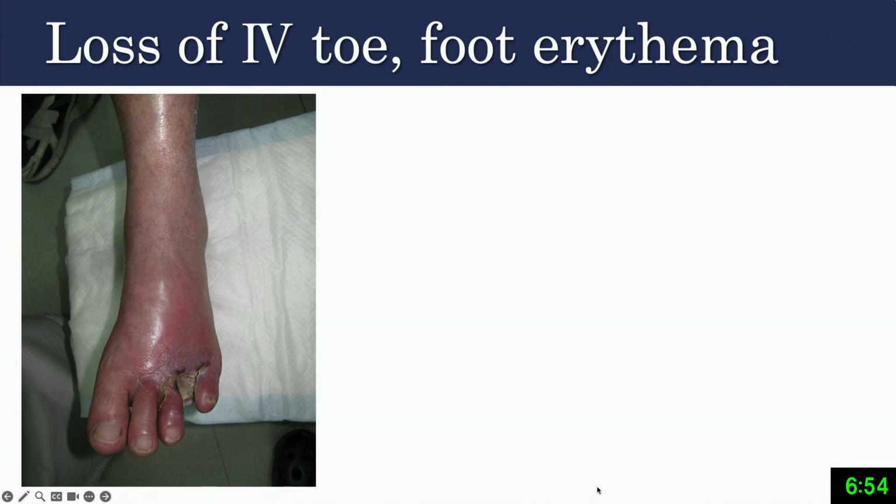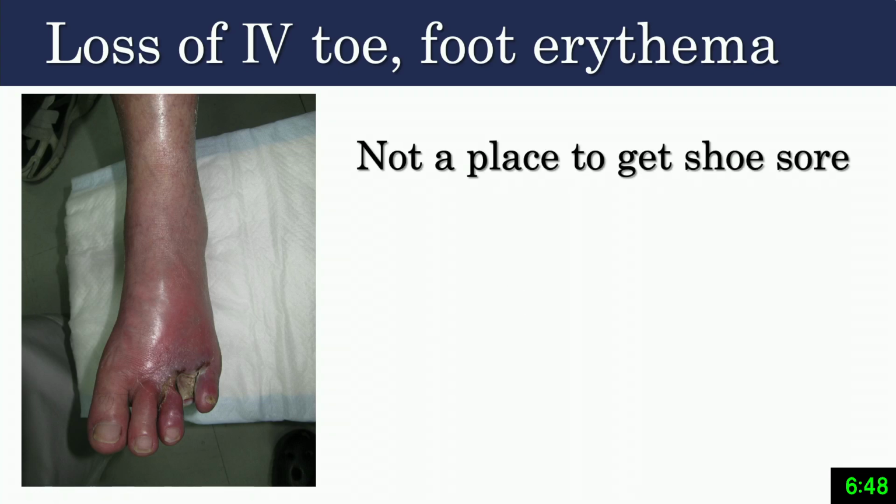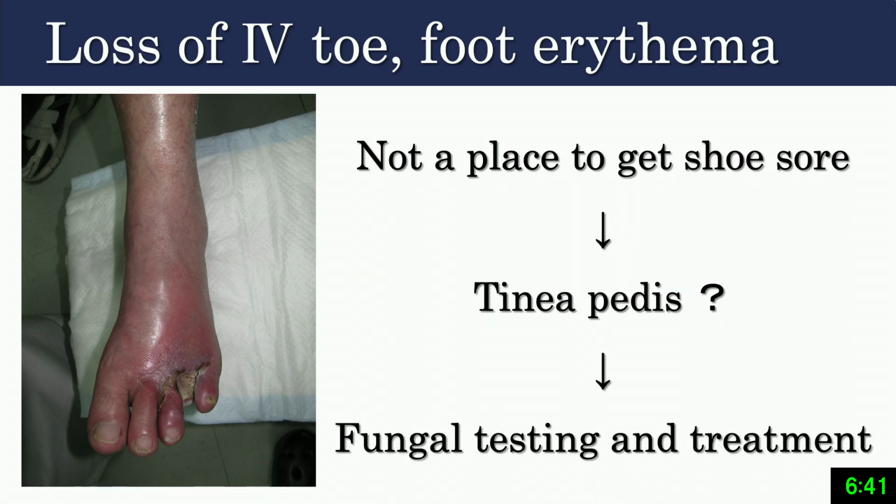This patient has a loss of 4 toes and foot erythema, so it is not a place to get a shoe sore. So we suspect tinea pedis, and we have to do fungal testing and treatment.